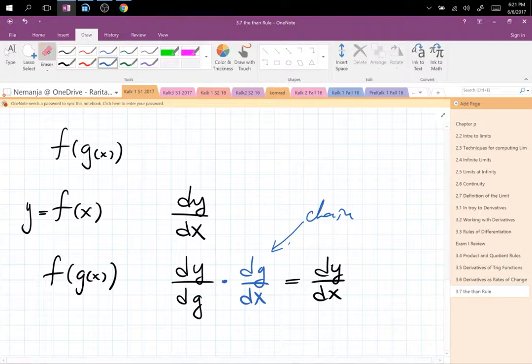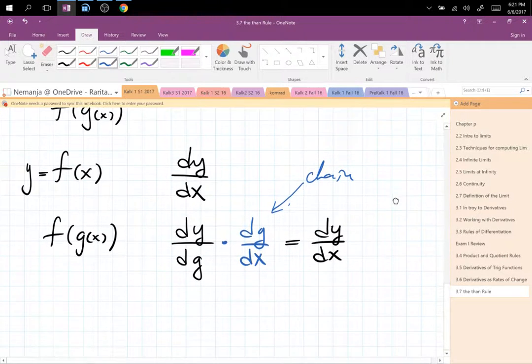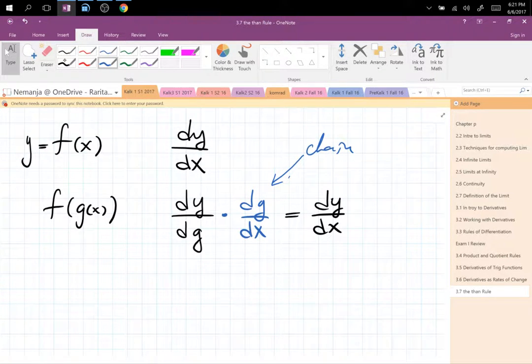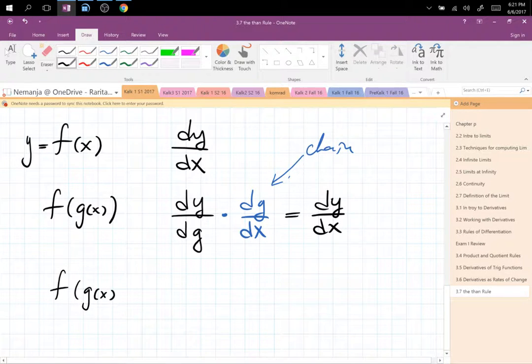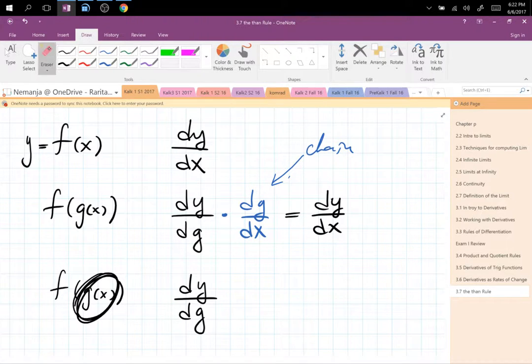So let me one more time go through this argument. I will erase it, but I want to go through this argument one more time. So if I have a function which has another function inside, I take the derivative the regular way, so that will be the whole dy, or you can call it df, whatever, but it will be in respect to whatever is in here, and in this case it is dg.